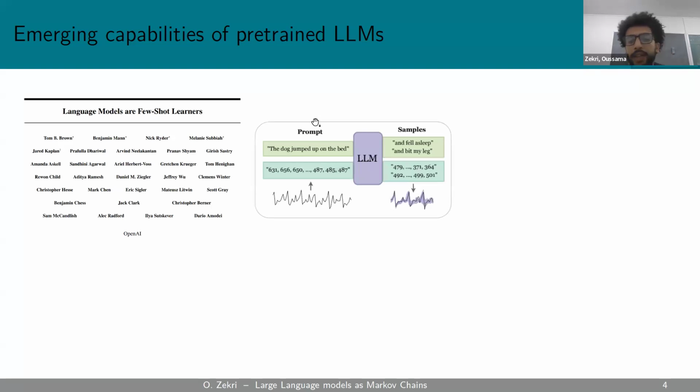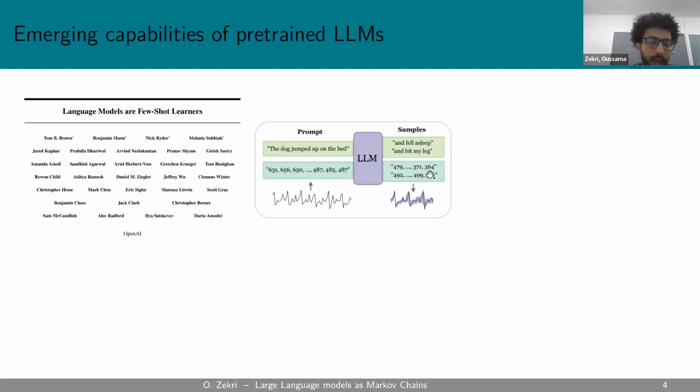For example, you have this paper, LLM Time, where you can input a time series into an LLM by tokenizing this time series. The LLM can learn how to forecast this time series in a zero-shot or in a few-shot manner.